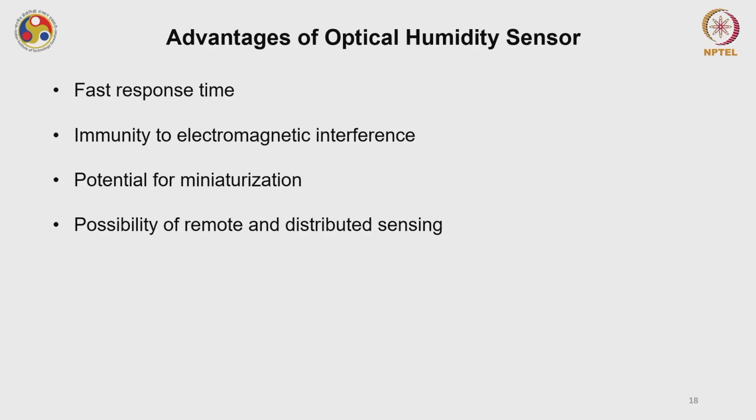Nowadays handheld optical humidity sensors are also possible. And there is a possibility of remote and distributed sensing using these sensors. The best advantage is that they can be used in harsh conditions. So in harsh environments also, these devices have the potential to operate.